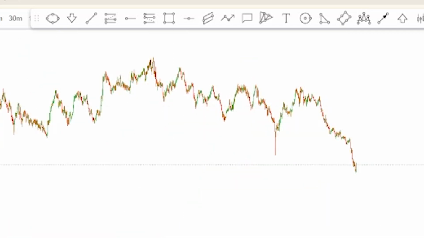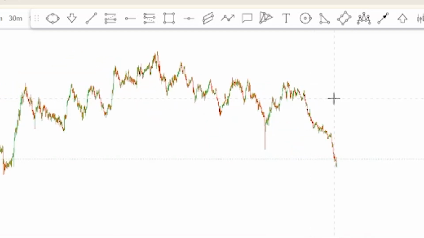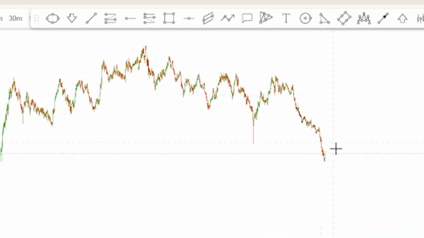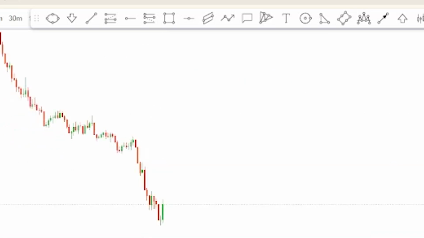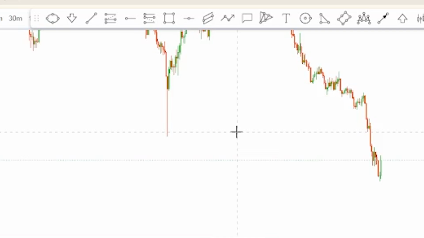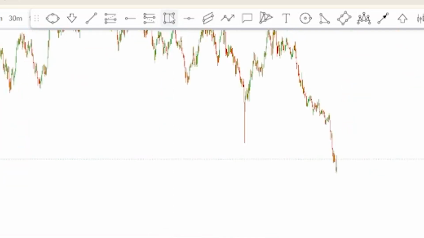Okay, let's also take an example from the chart. Here we have GJ. Now we are trying to reject from this area by these bullish candles, and the areas we are rejecting from are stronger zones. Why?